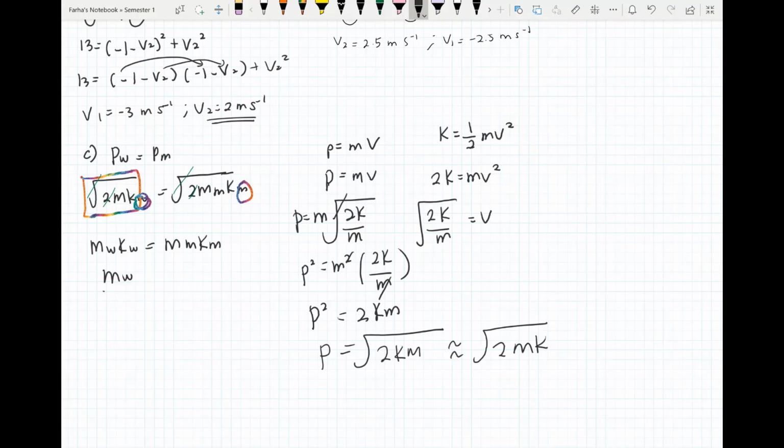Simplified lagi, kita akan dapat mass woman over mass man equals to kinetic energy man over kinetic energy woman. Okay, so since mass is inversely proportional with the kinetic energy, therefore, since mass woman less than mass man, hence the woman has the greater kinetic energy.